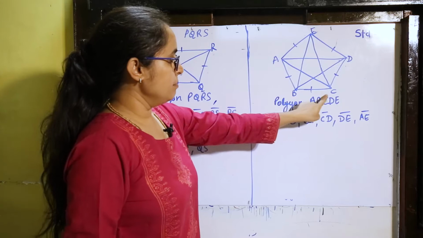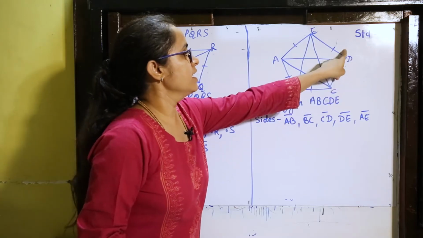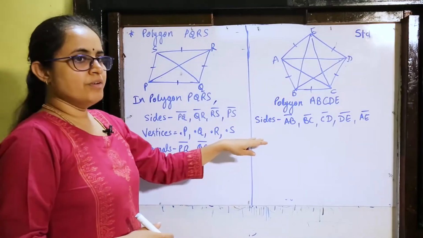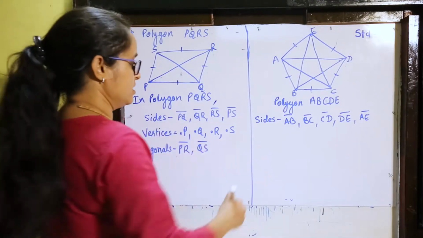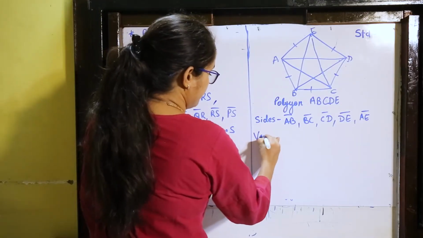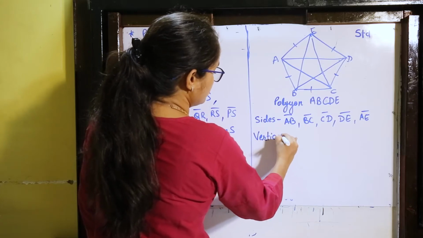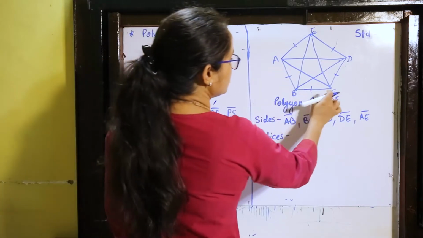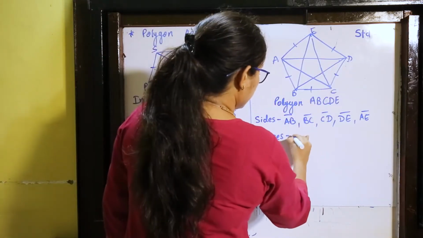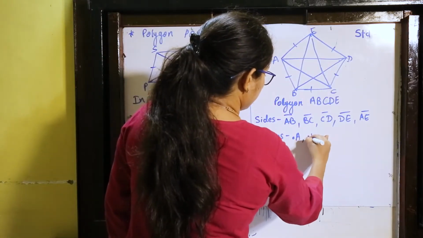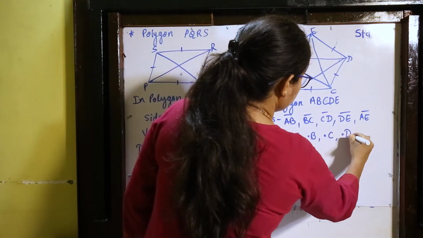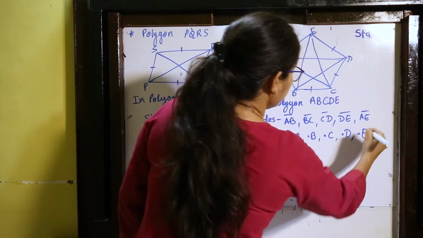Now if I go to vertices, vertices are the points, the joining points or the corners. So we have 1, 2, 3, 4, 5 vertices: point A, point B, point C, point D and point E.